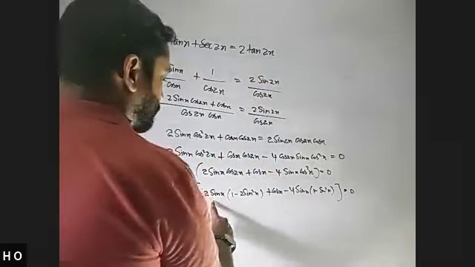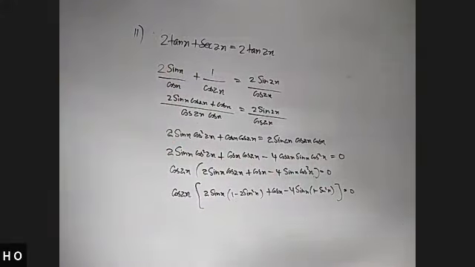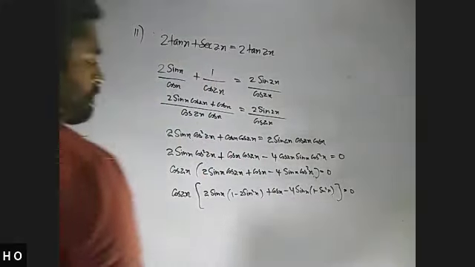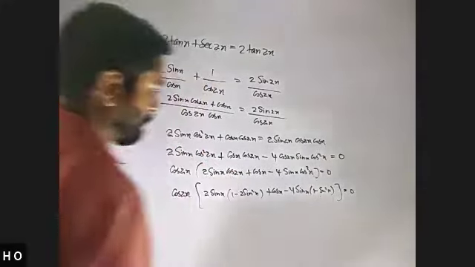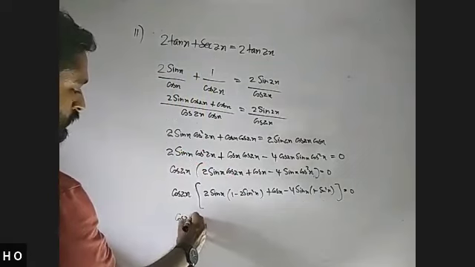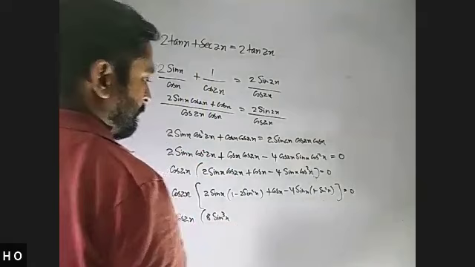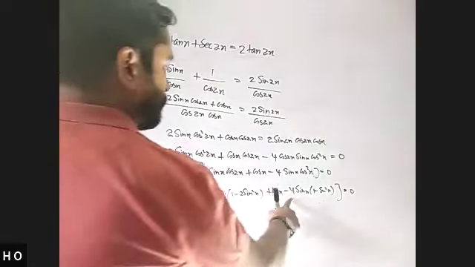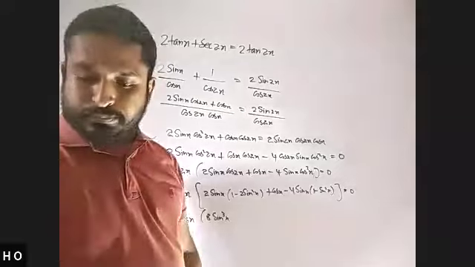So you have plus 4 sin cubed x here, and there are also 1 minus 2 sin squared x, 1 minus sin squared x. So you can have minus 4 sin cubed x plus 4 sin cubed x, 8 sin cubed x. So cos 2x into 8 sin cubed x. Then plus 2 sin x minus 4 sin x plus cos x. This plus cos x doesn't matter.